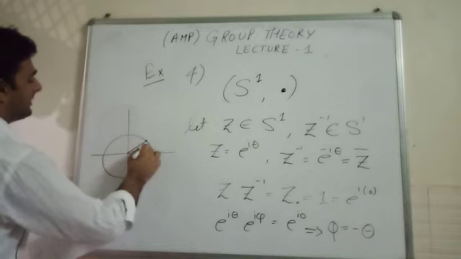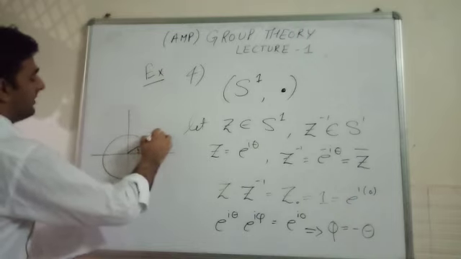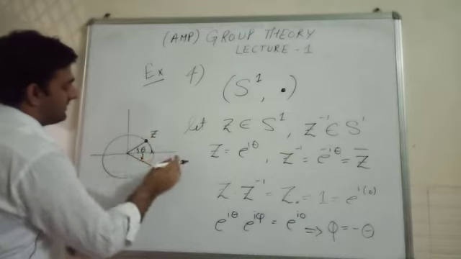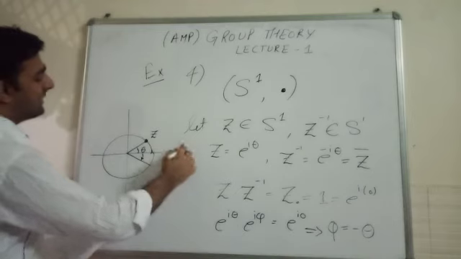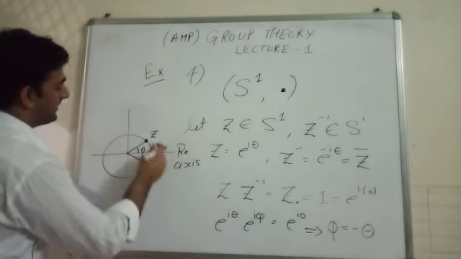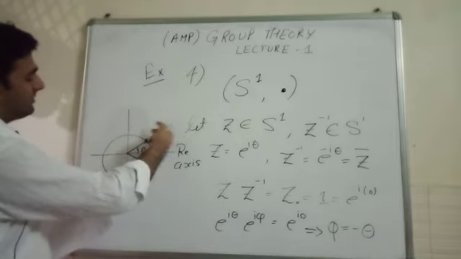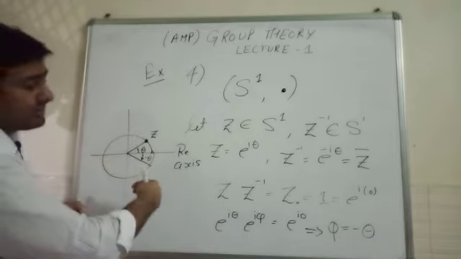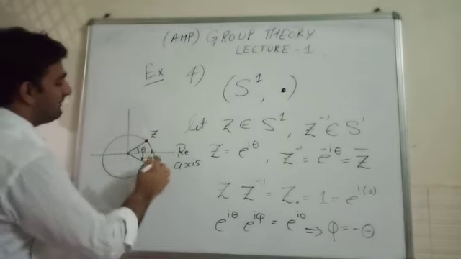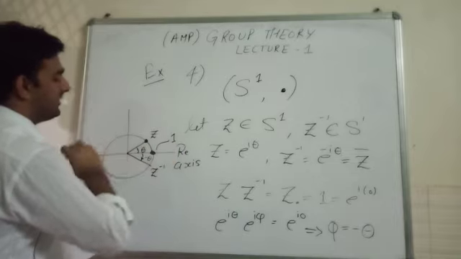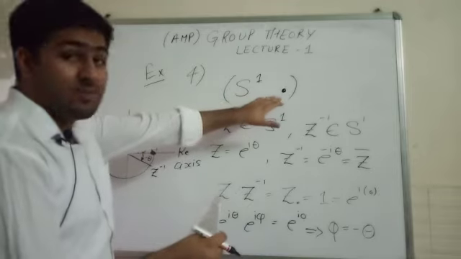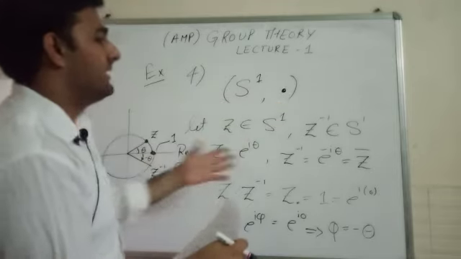Let this be θ and this be our group element, then its inverse would be its reflection with respect to the real axis. So this is minus θ. If you reflect every complex number with respect to the real axis, that will be its complex conjugate. So this is z inverse, and you multiply them, then you get the identity. So yes, indeed, S1 with respect to this multiplicative operation is a group.